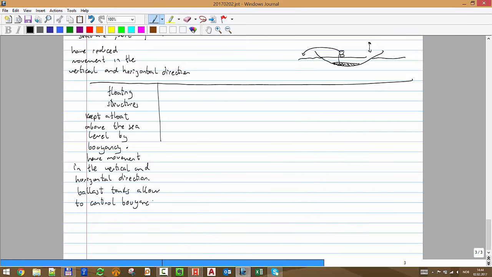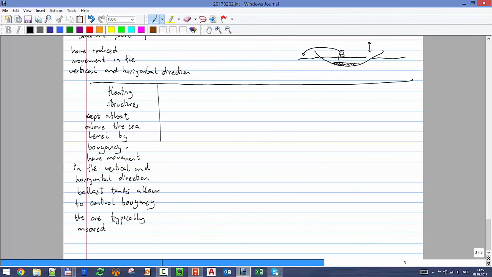And there is one more thing: they are typically moored. That means that I have some lines. It can be a chain, just a metal chain, or it can also be lines made out of not plastic, but, how do you call it, polyester, a polymer.